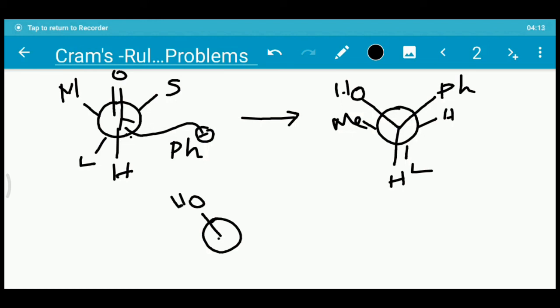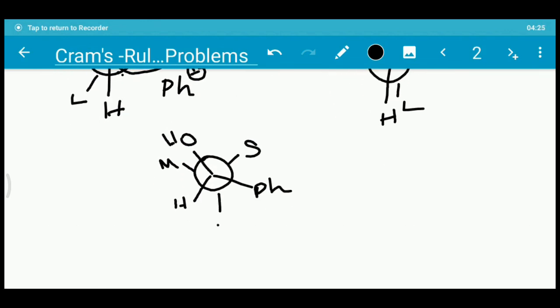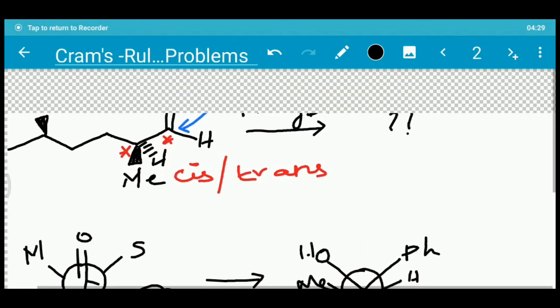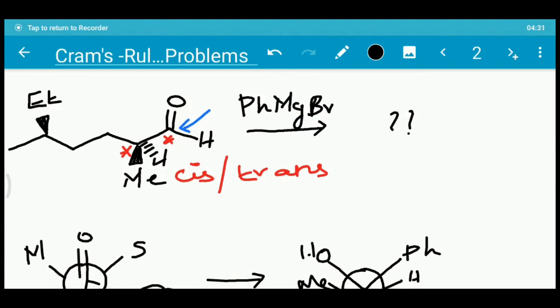So we will have our hydrogen over here, we will have our phenyl here, we will have our medium group over here, a small group over here, and a large group over here. Now we need to predict the stereochemistry of the OH formed, and also correlate the stereochemistry of the hydroxyl group formed and the methyl group.